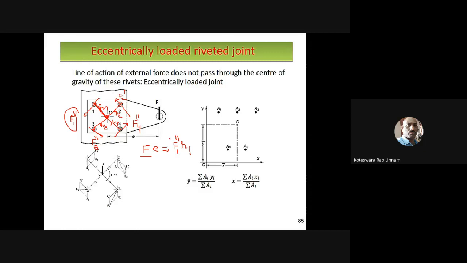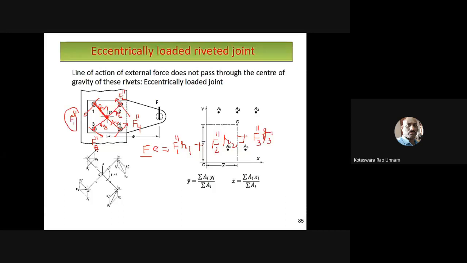Then for the second rivet the force is F2 double dash and the perpendicular distance is R2, plus for the third rivet the force is F3 double dash and the distance is R3.